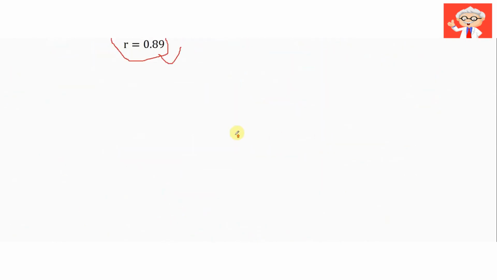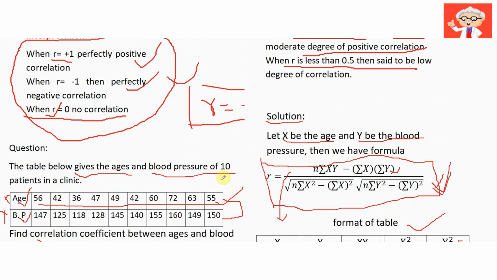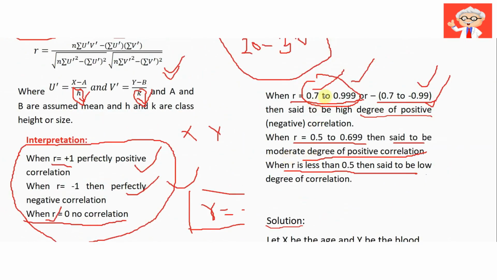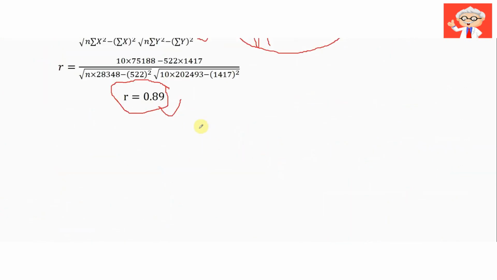It means our value is above 0.7 and below 0.99. So this value shows a high degree of positive correlation, because we have obtained a positive value, and also our value lies between 0.7 and 0.99.